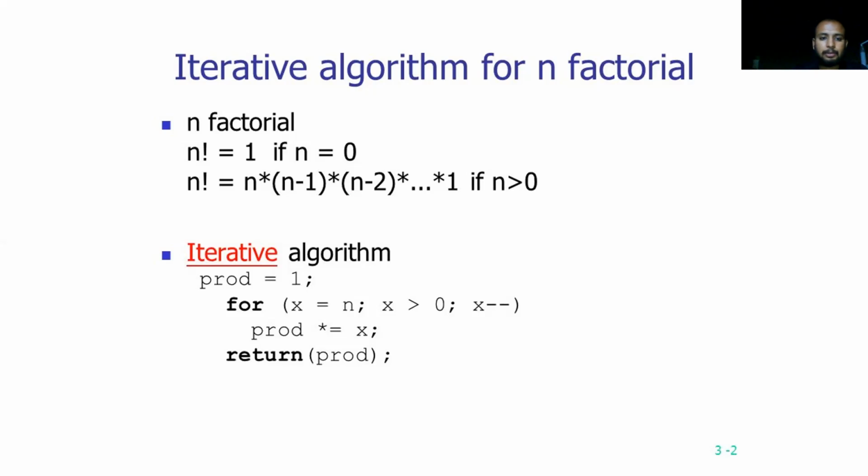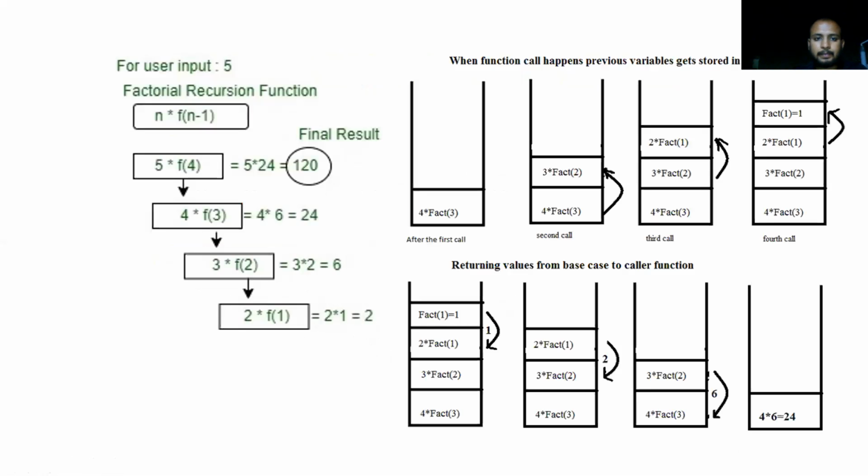Initialize a variable product to 1, and then multiply it with 2, 3, 4, 5, in this way. Or you can do it in the opposite direction also, approaching it from n or n minus 1. I'll explain how it works.